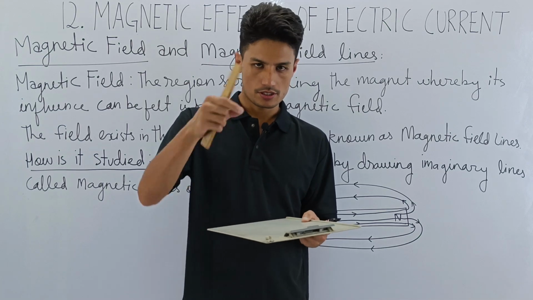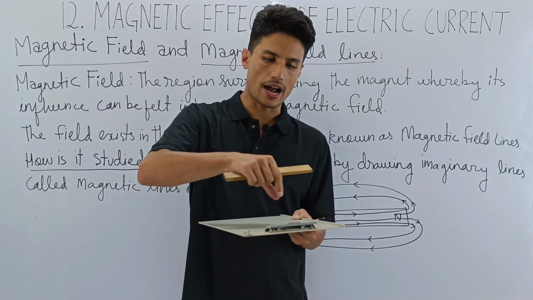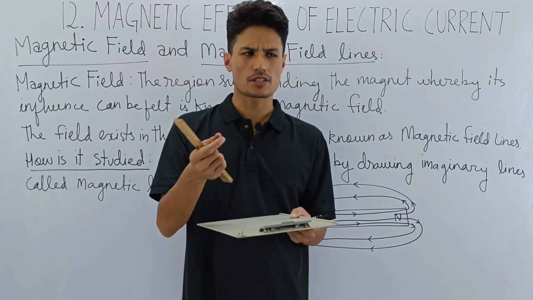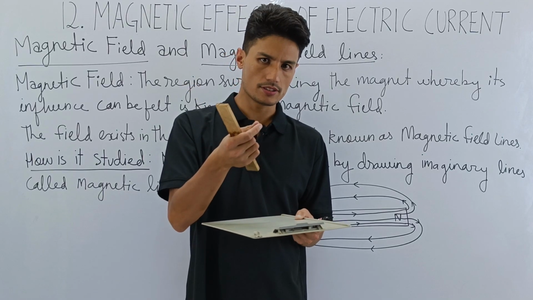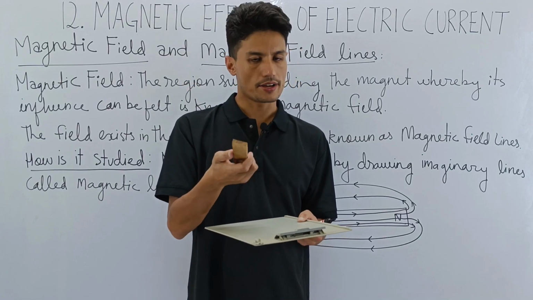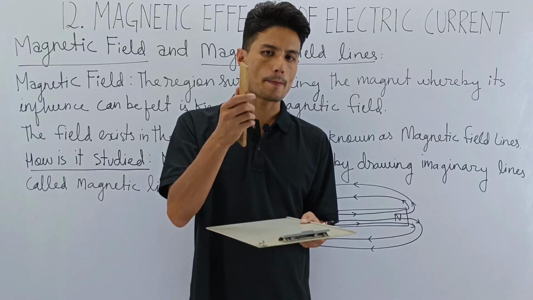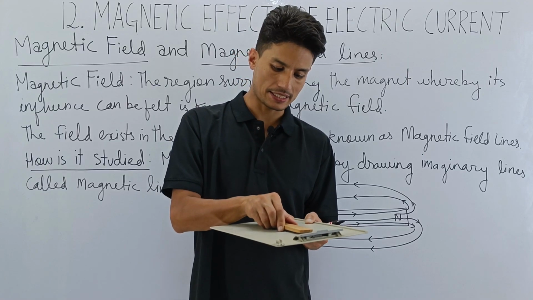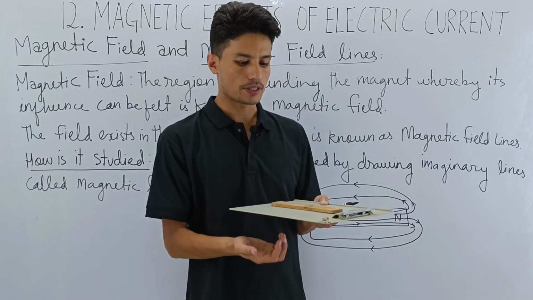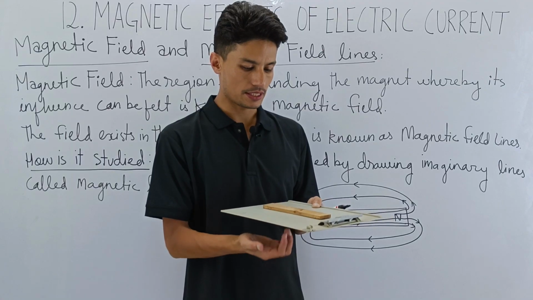On this cardboard we will place iron filings, which are crushed powders of iron. Why are we using iron? Because iron is attracted by a magnet. Then we place a magnet here, and then we tap the cardboard.